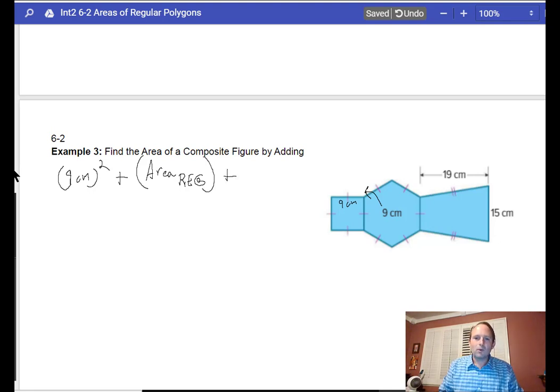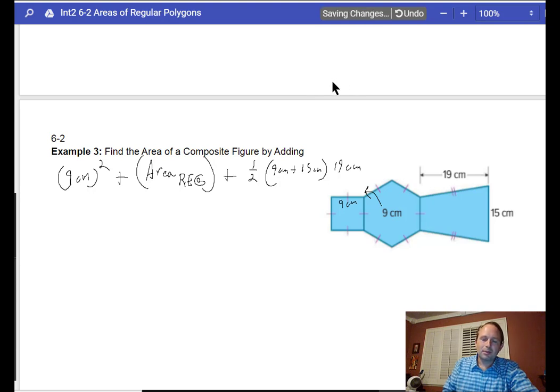Plus, okay, this is a trapezoid. The area is 1/2 base 1. So base 1 is 9 centimeters plus 15 centimeters, and then times the height of it, which would be 19 centimeters.